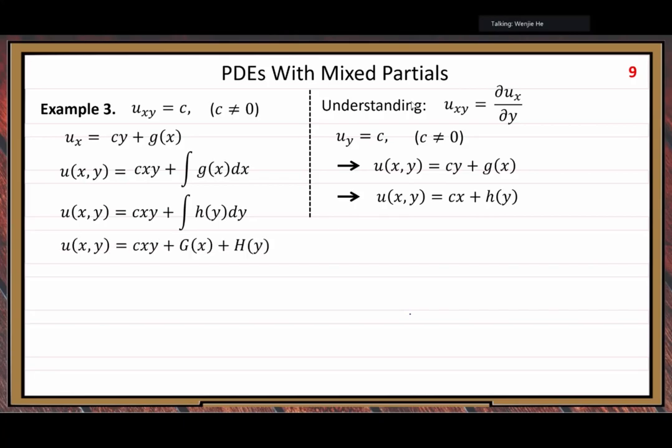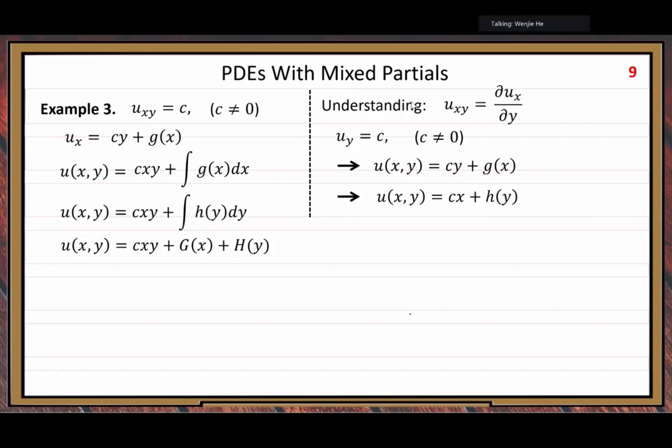The final form: the cxy is the common term, so we keep the common term. These two terms look different. For the antiderivative, we can use a capital G function. Can we call that whole integral of little g function a capital G function? And the capital G function should be differentiable, because its derivative is little g function.